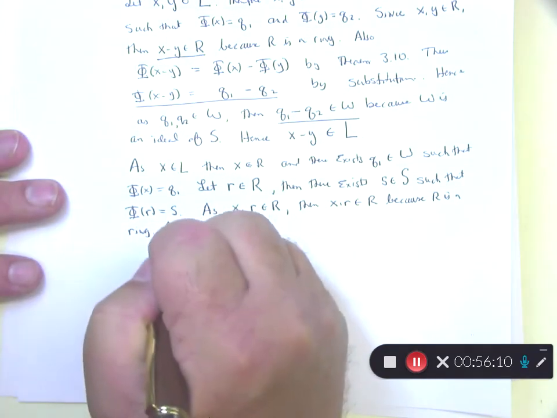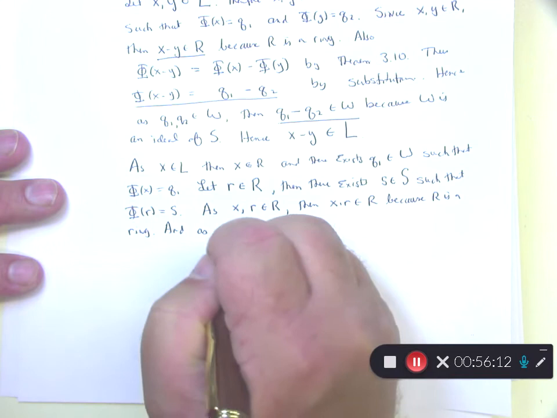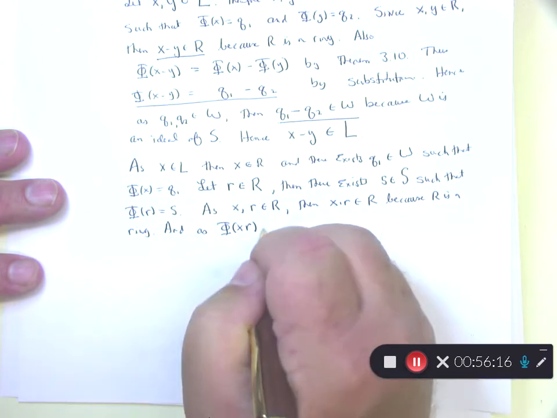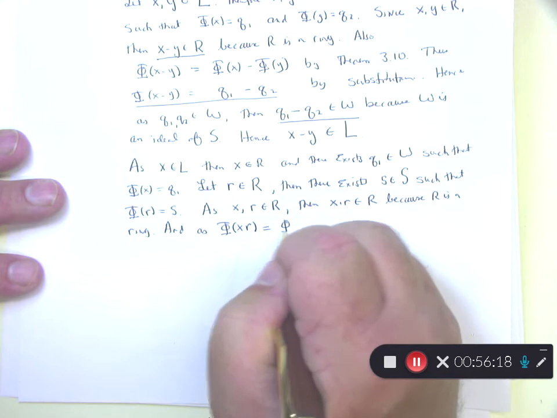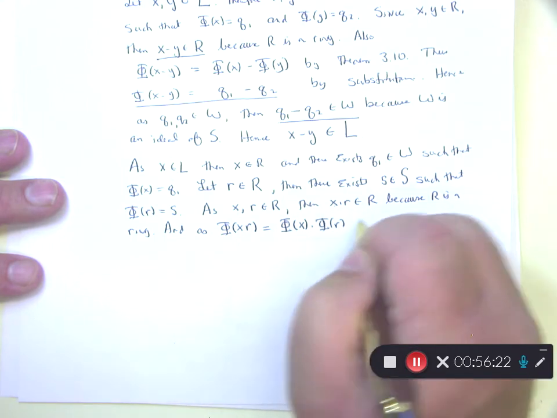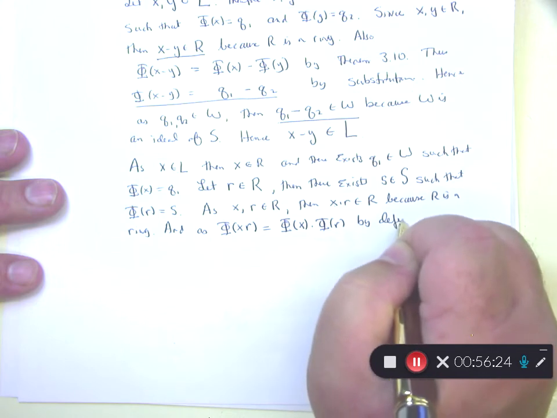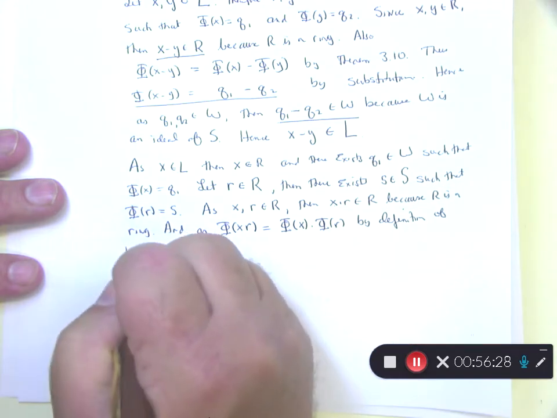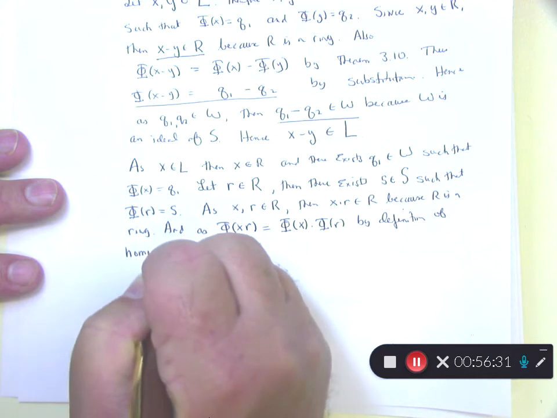And as phi of x times r, same element, is equal to phi of x times phi of r by definition of homomorphism.